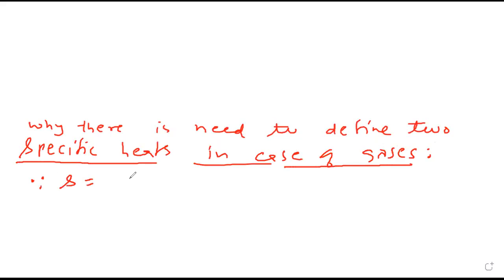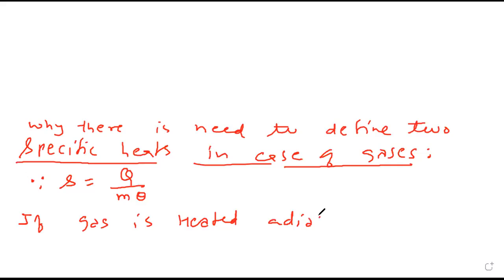Since specific heat is Q upon m theta, if the gas is heated adiabatically, what is the meaning of adiabatically? Heat is kept constant.